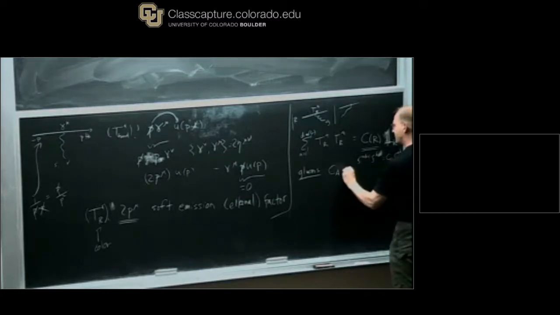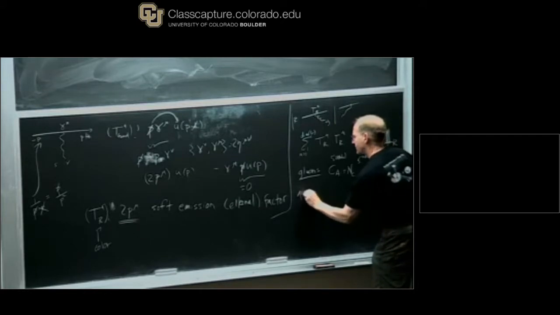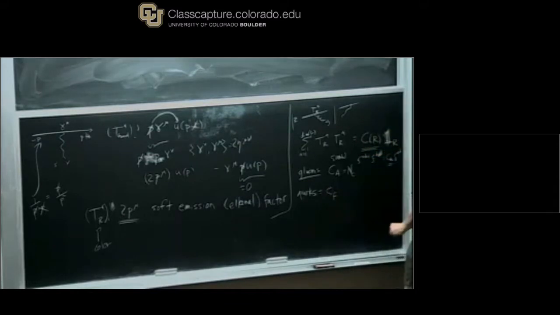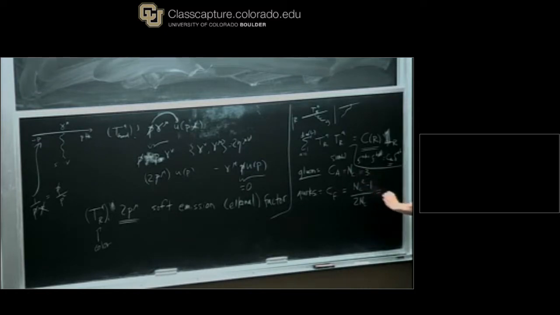Anyway, with the standard normalizations in SU(NC), this factor is NC, whereas for quarks, this is called by QCD people CF, the Casimir in the fundamental representation. It turns out to be (NC squared minus 1) over 2NC. Now for QCD, we plug in NC equals 3, and this becomes (3 squared minus 1), or 8, over 2 times 3, which is 4/3.